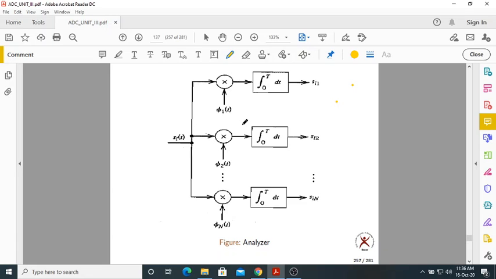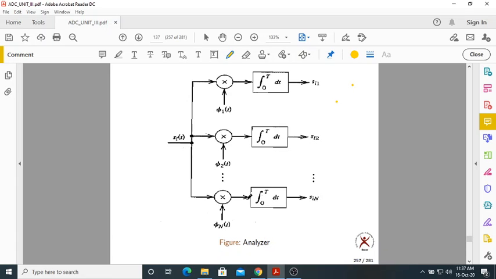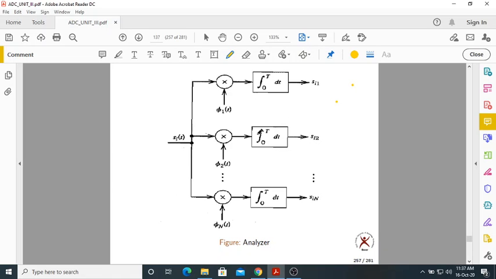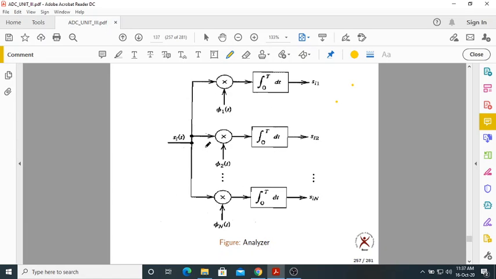It is like modulation because a message signal is multiplied with a carrier. Again, a modulated signal is multiplied with the same carrier with some extra operations. I will explain everything in detail later, but you just remember these two diagrams. The entire digital modulation techniques are based on these two diagrams only, so please pay attention to them.